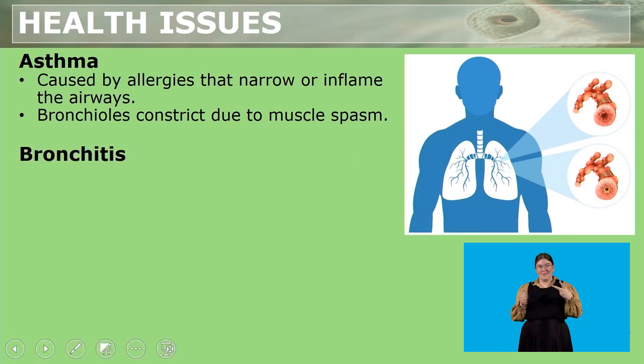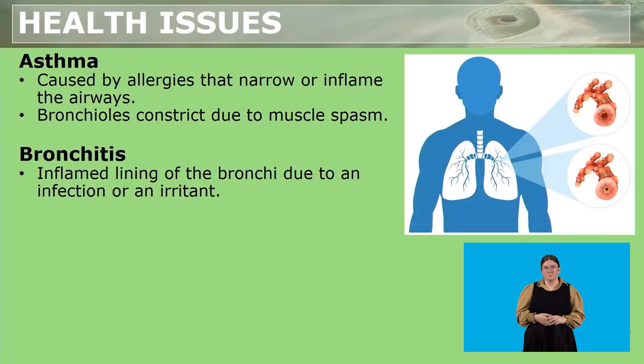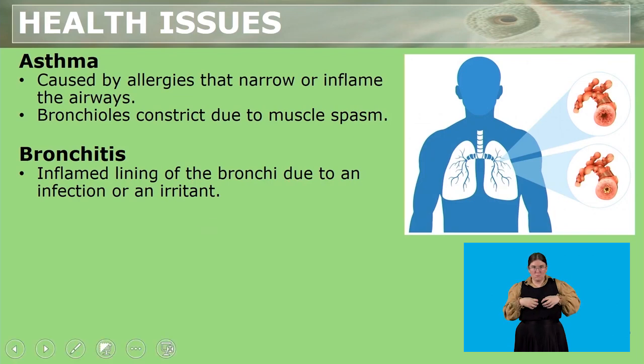And then the second health issue that we will be looking at is called bronchitis. I believe that the word gives you an idea of which area of the air passage is affected. Okay. With bronchitis, there is inflamed lining of the bronchi due to an infection or an irritant.